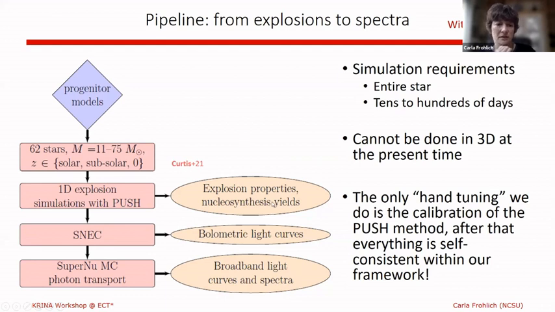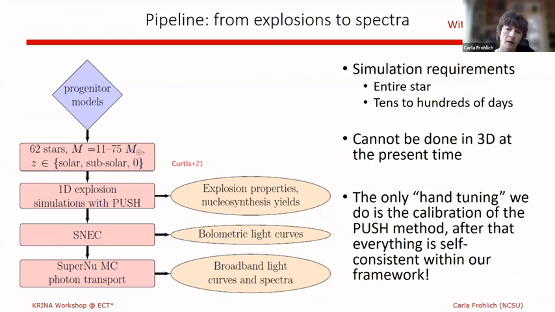We took this 2 steps further, and we reappended the envelope, and we continued running these models through radiation hydrocode and then a Monte Carlo photon transport code to get both bolometric light curves, broadband light curves, and spectra.